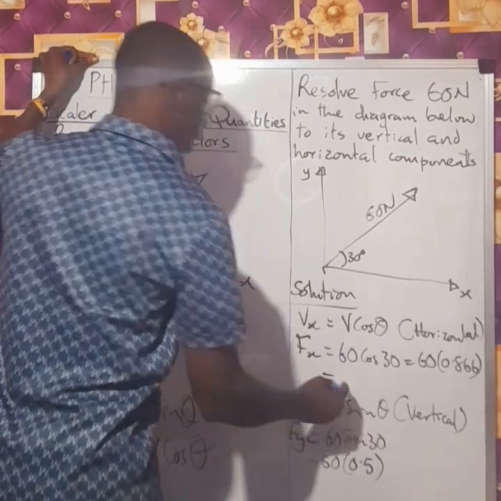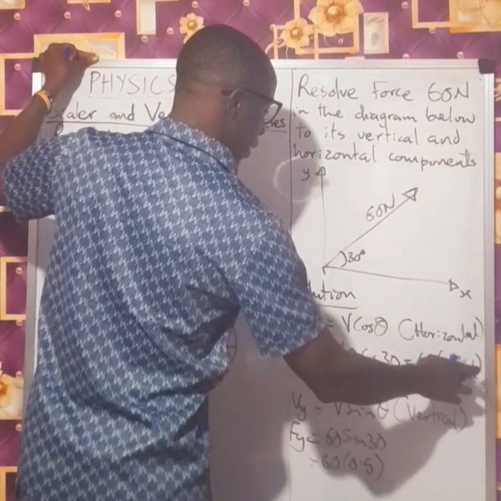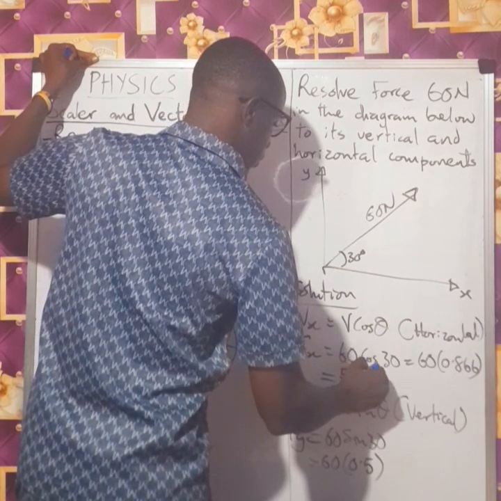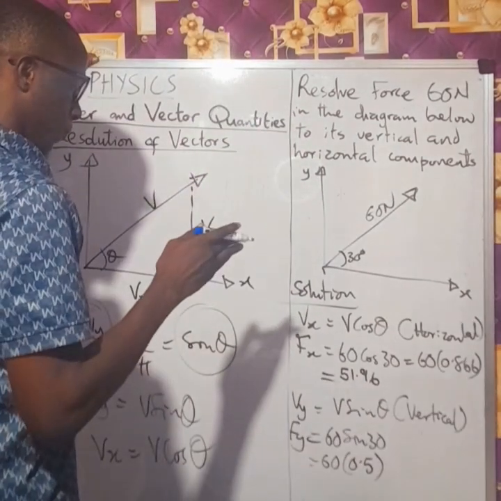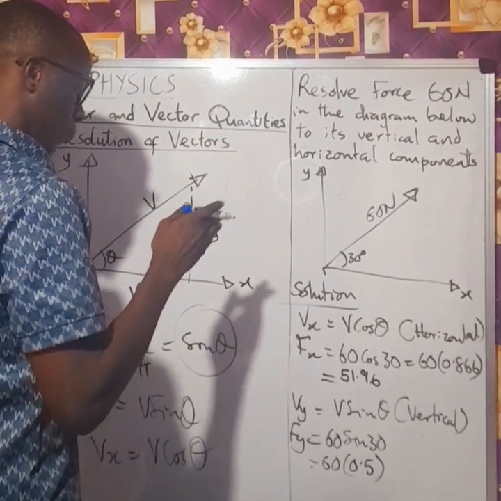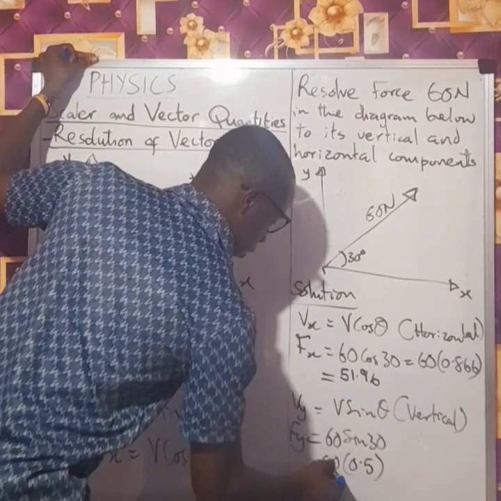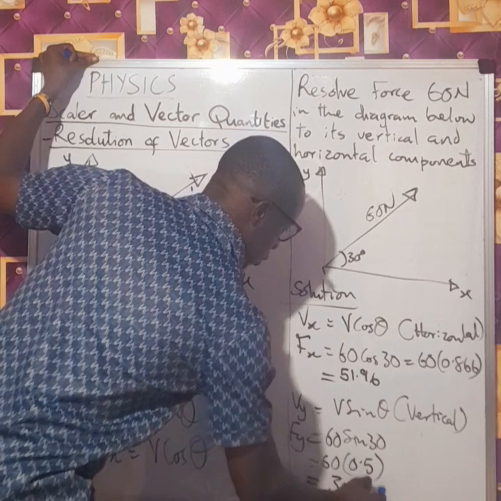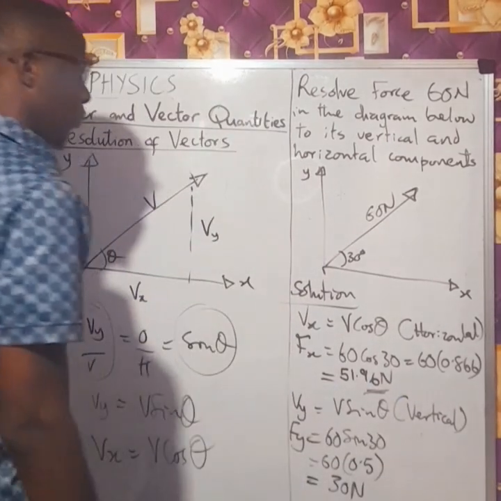So I have 51.96 for the horizontal component, and 30 newtons for the vertical component. So these are the answers to the question that we just saw.